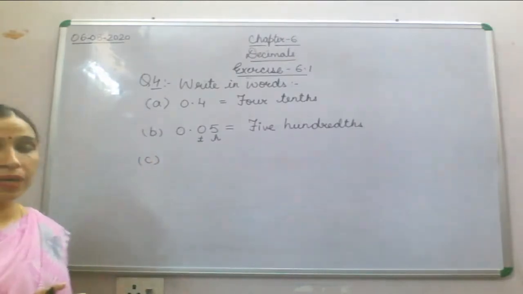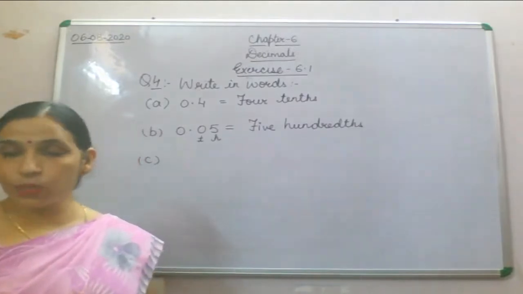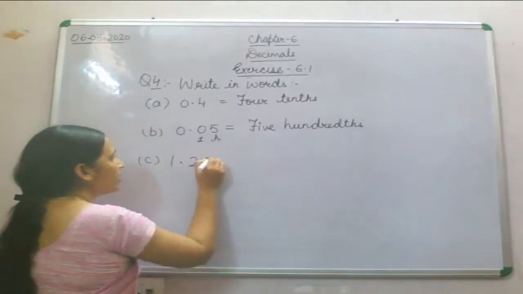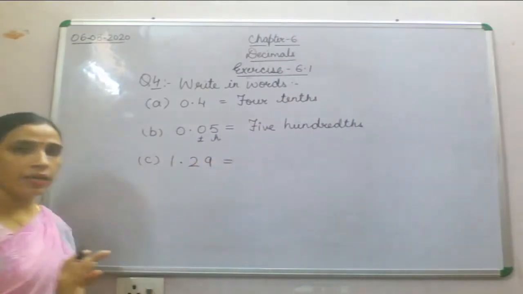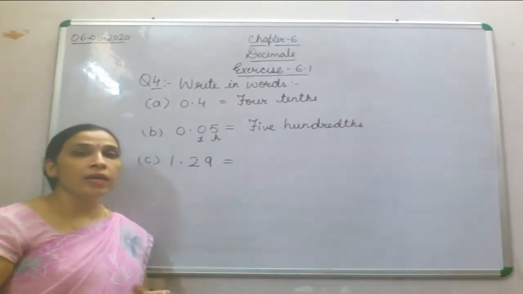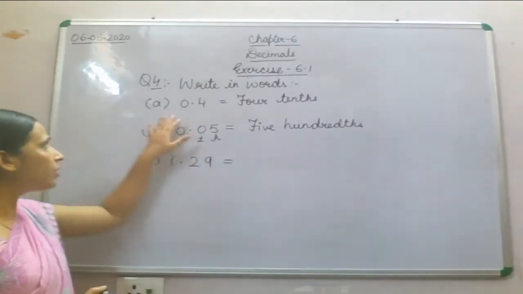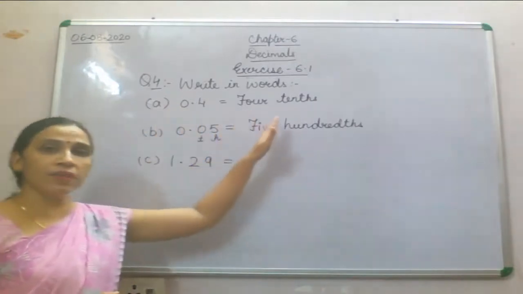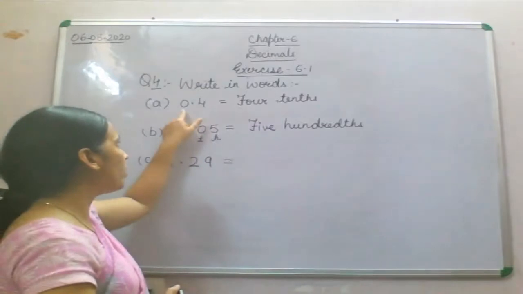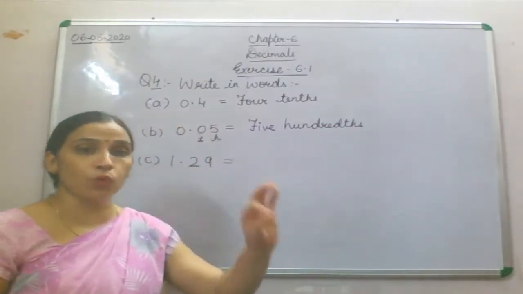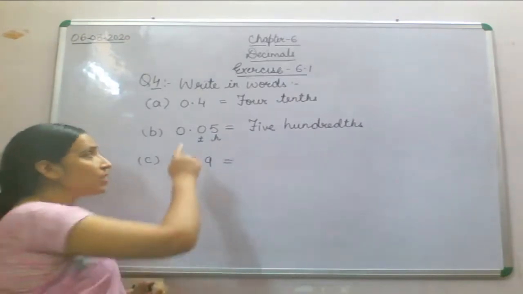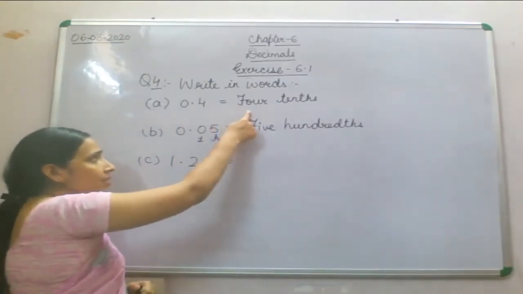What is that C part? C part is 1.29, and how are we going to write it in words? So when we are writing this kind of a number, when we have 0 in the place of the whole number, then we are not going to write it there. Sometimes we were writing it like 0.4 also. But in most cases when we have 0, we do not represent it in words.